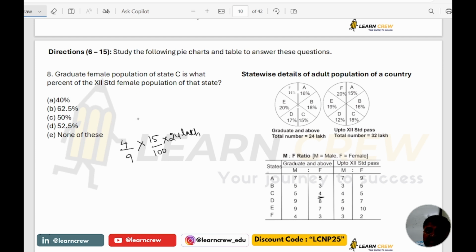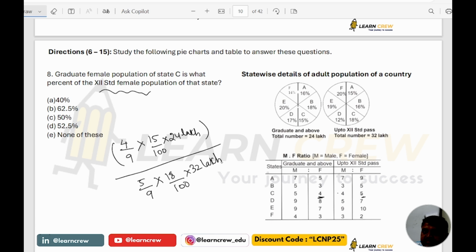This is what percentage of the 12th standard female population of the same state? 12th standard female population of the same state is 5 by 9. 5 by 9th of, here C is 18 percentage of 32 lakhs.